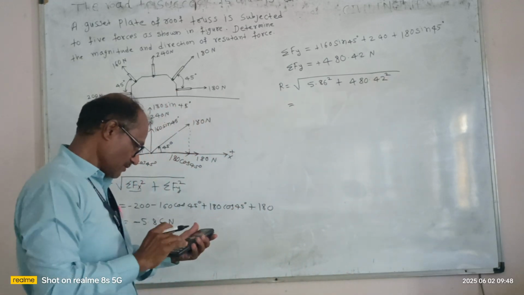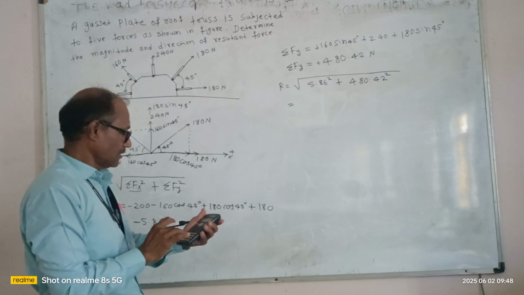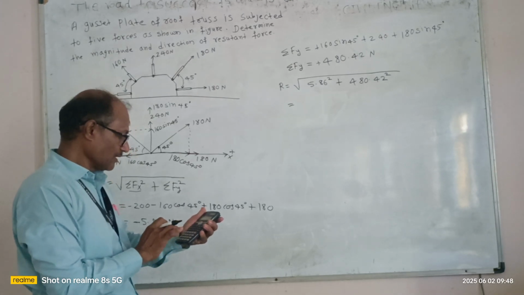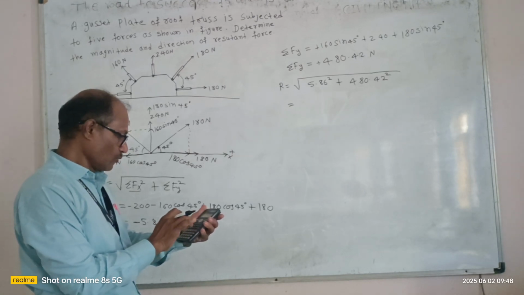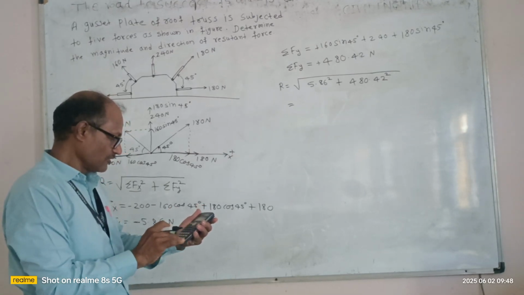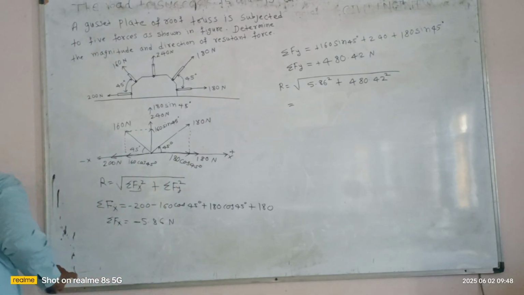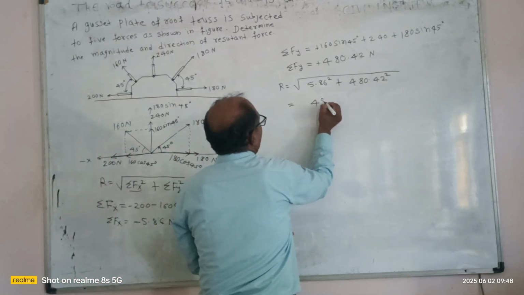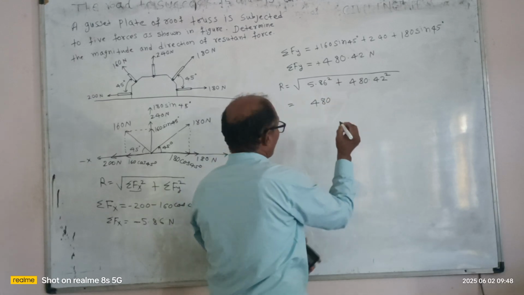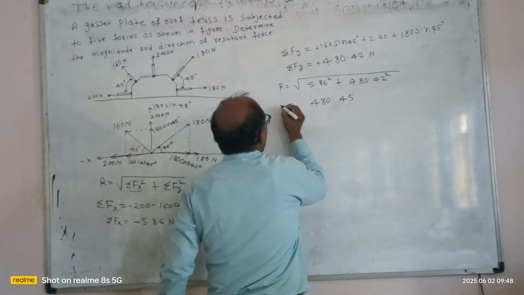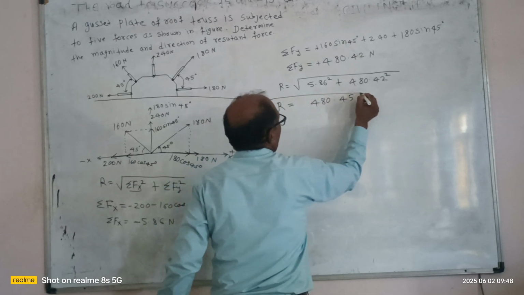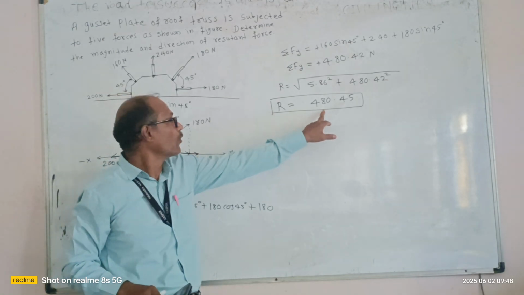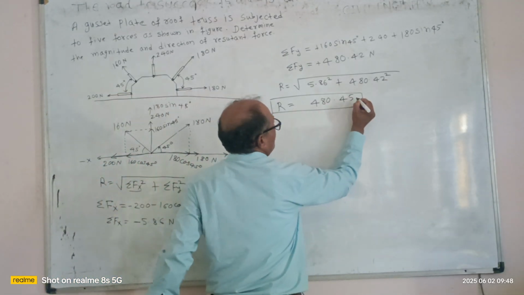After solving, the square root of 5.86 squared plus 480.42 squared is equal to 480.45. So this is the magnitude. The magnitude of the resultant force is 480.45 Newton.